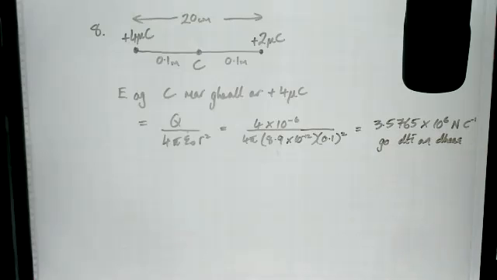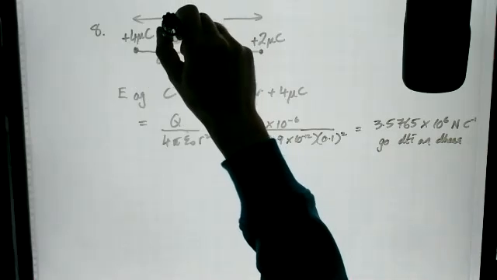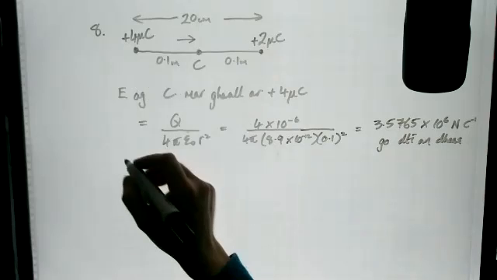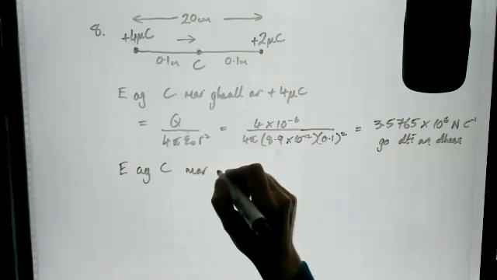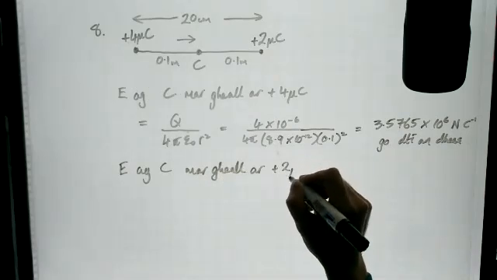So that is the electric field strength due to the 4 microcoulomb charge. Now the field at point C due to the +2 microcoulomb charge.